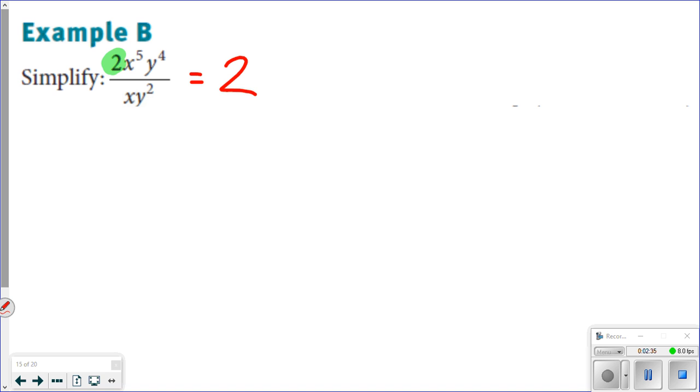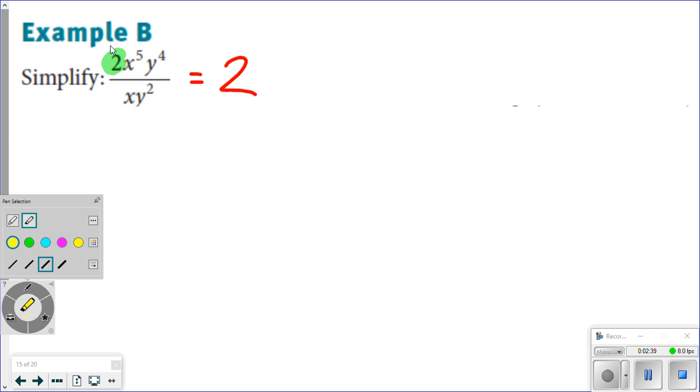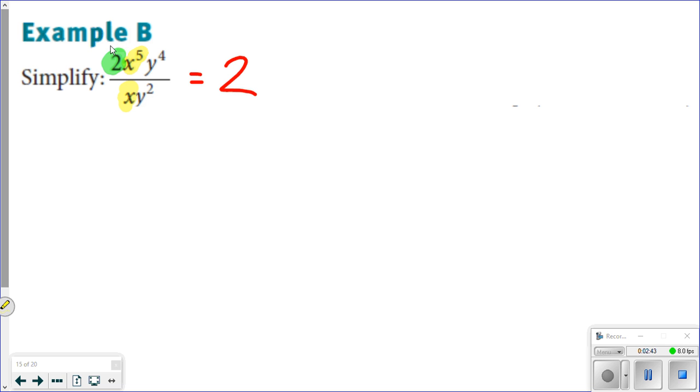So I'm just going to rewrite the 2. And now I'm going to look at my next base, which is my x's. Remember, if we do not have an exponent, we're going to write in a 1 so we don't forget. So keep the base, which is x. 5 minus 1 is 4.